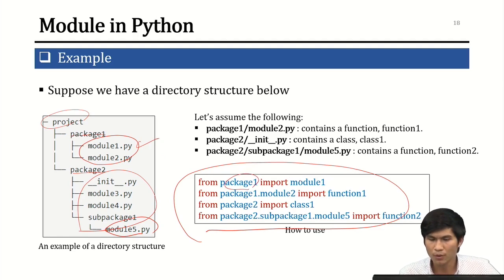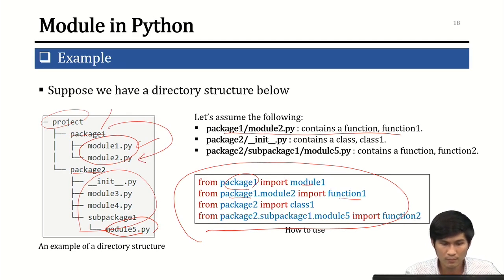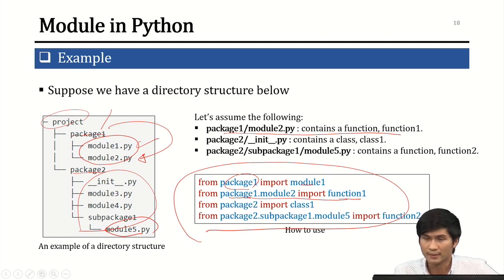So from package 1, you import this module. And if you want to use, for example, function 1, which we suppose is inside module 2 in package 1, we go through package 1 first, then jump to module 2. Module 2 has the function, right? So simply use these commands.